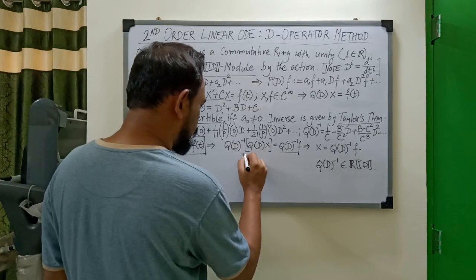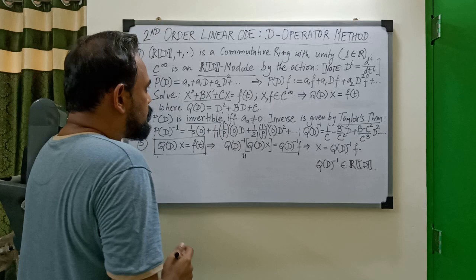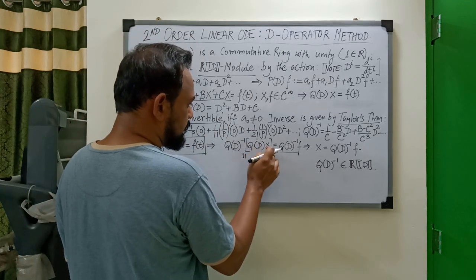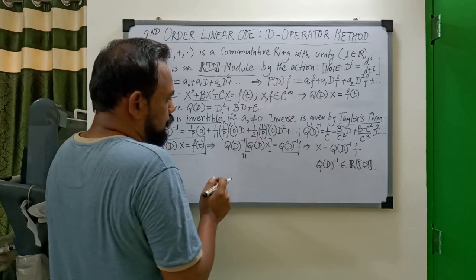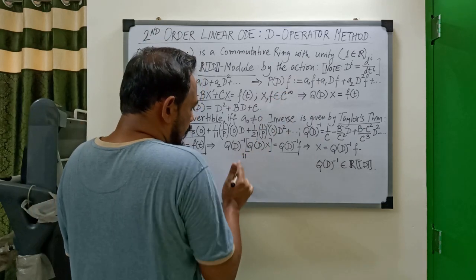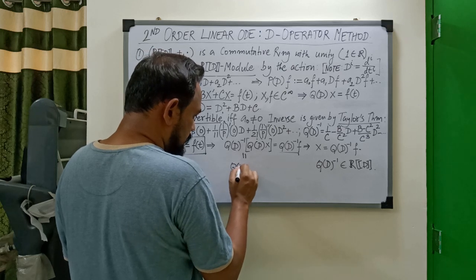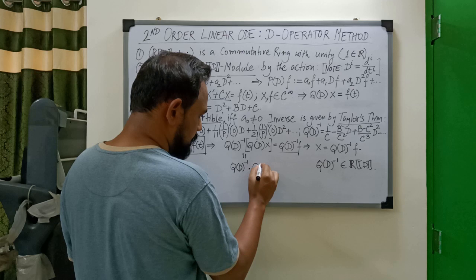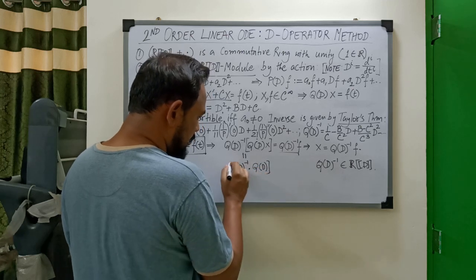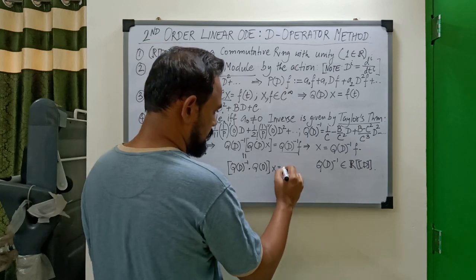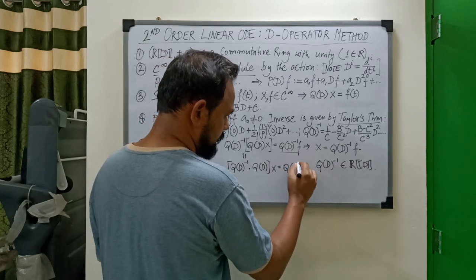By our rule from modules, these are elements of the ring and this is an element of C infinity, a commutative group, so the way the action works is that you can make the two ring elements first multiply, and then whatever that is can act on X. Of course, the right hand side is what it is.